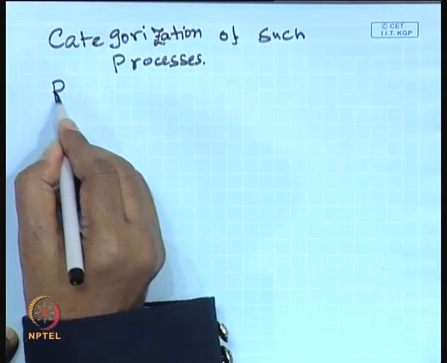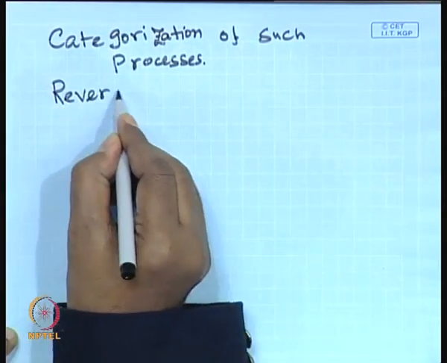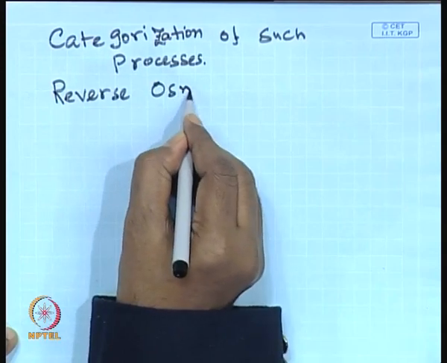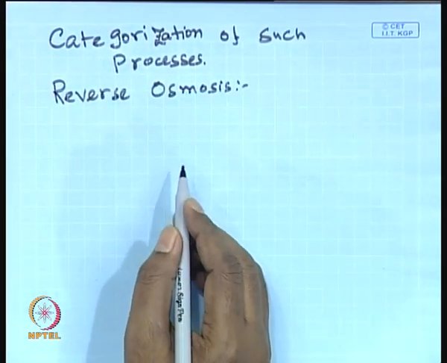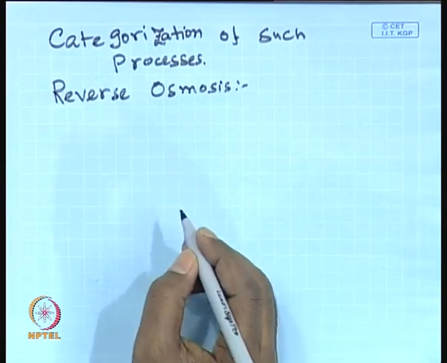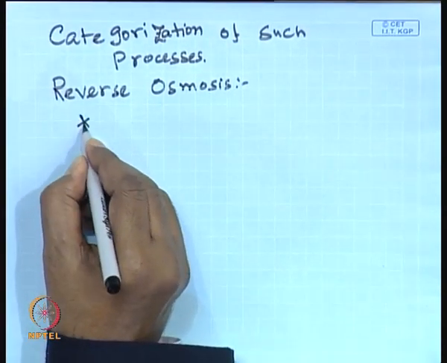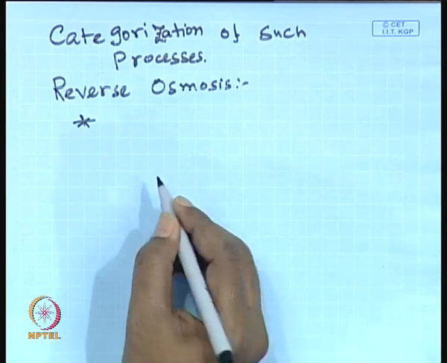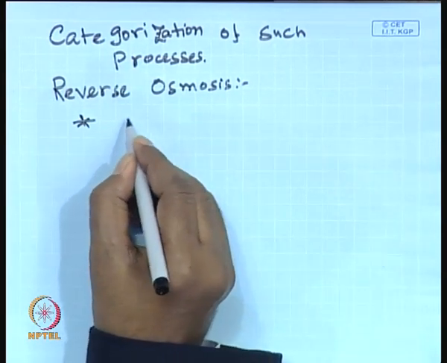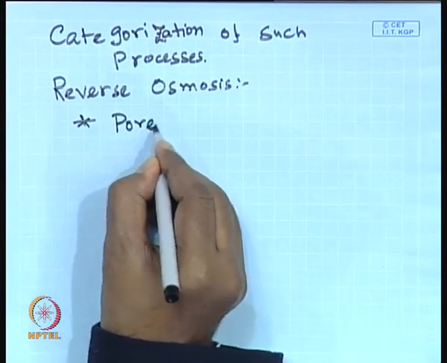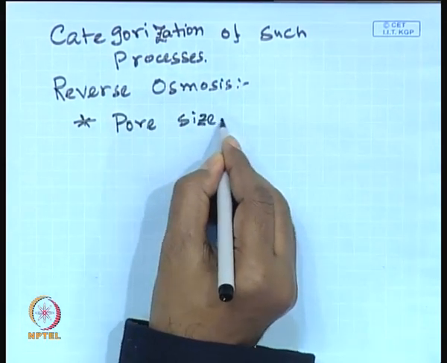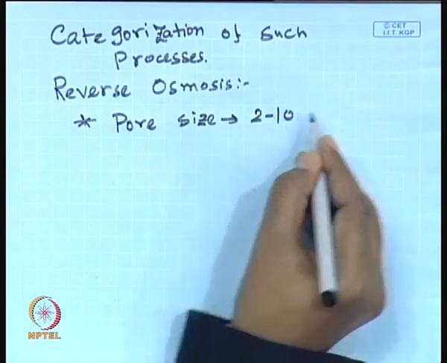The first process we will be talking about is reverse osmosis. Okay. So, in the last class I gave some idea about reverse osmosis. Now, let us look into the various characteristics of the reverse osmosis process. First of all, it has the smallest pore size, in the range of 2 to 10 angstrom.